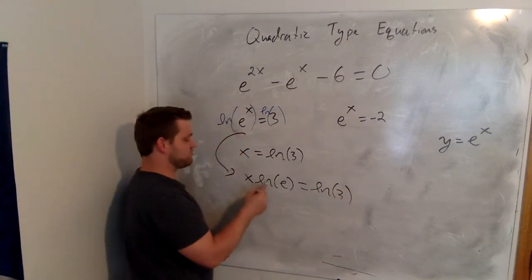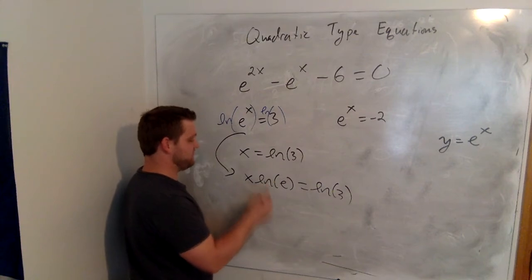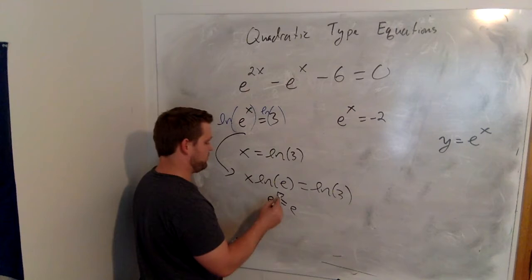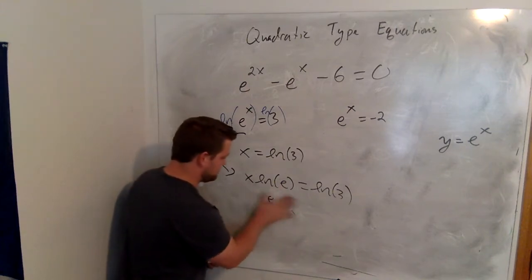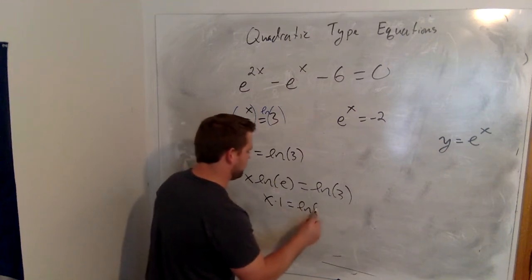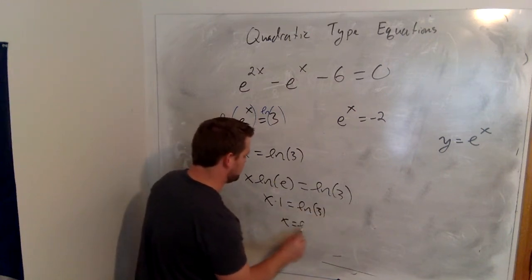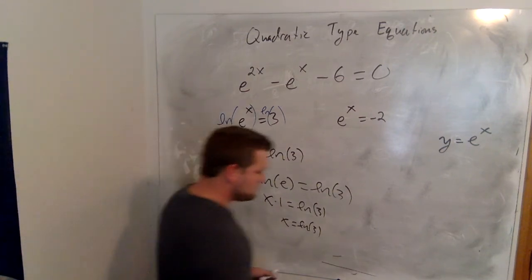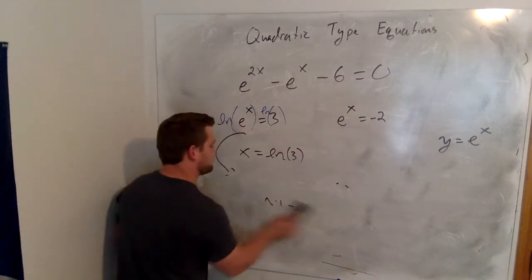But what's the natural log of e? This is log base e of e. This is saying e to what power gives you e. I hope you believe that e to the first gives you e. So this is just saying x times 1 equals the natural log of 3, or that x is the natural log of 3. So there's a couple different ways you could think about this. But either way, we get x is equal to the natural log of 3.